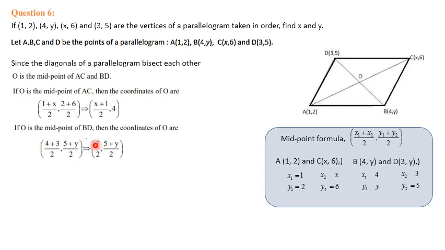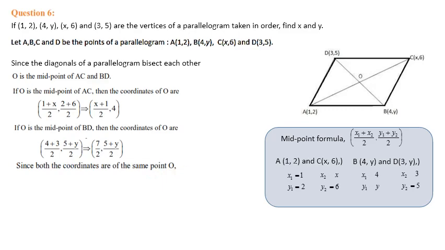Finally 4 plus 3 is 7, so 7 by 2, and (5 plus y)/2. Actually these 2 points are the same. Both are the coordinates of O only, representing the same point.